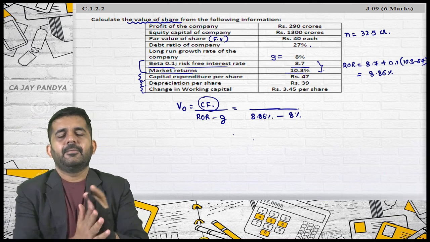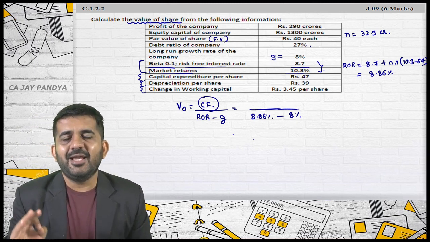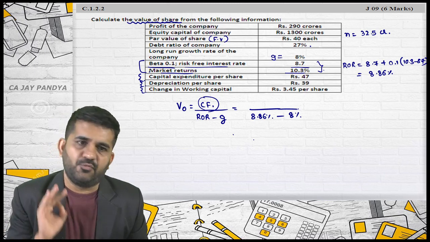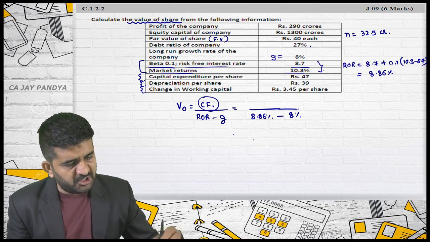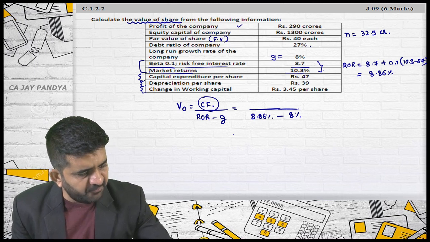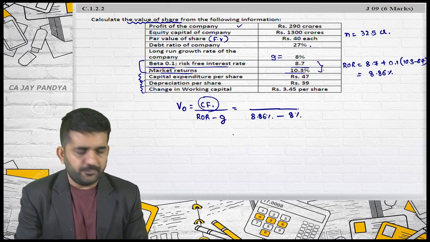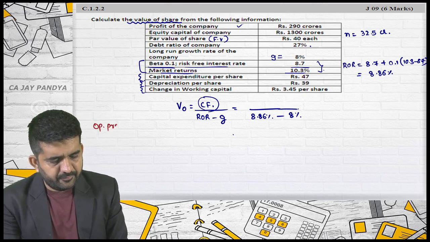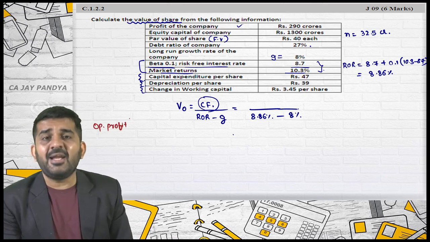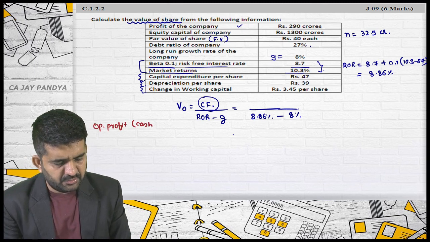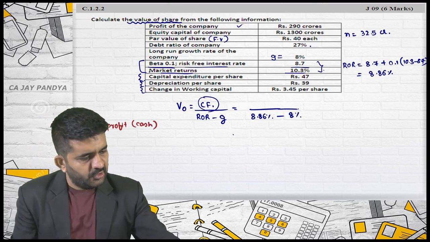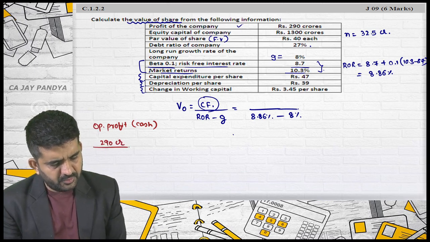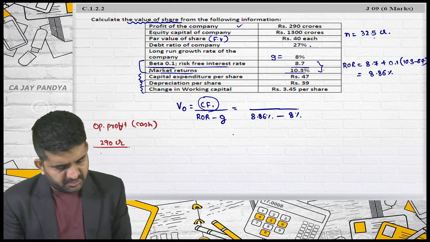Now understand. First, let me understand that the operating profit is operating cash flow. But what is the profit? It is given. Profit of the company is 290 crore. So let me find out operating profit, and I will be assuming it is cash. So what is the profit of the company? 290 crore, divided by number of shares, 32.5 crore.